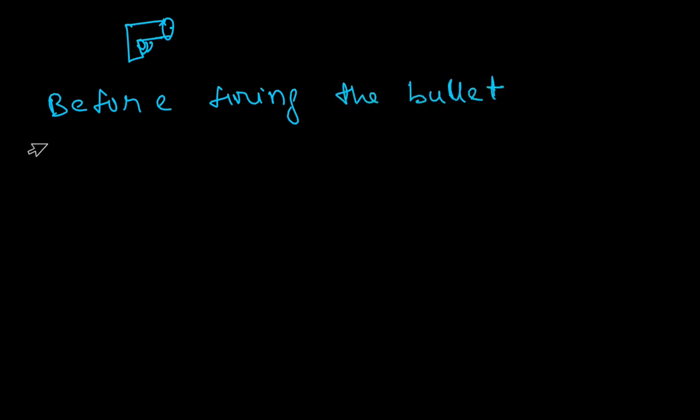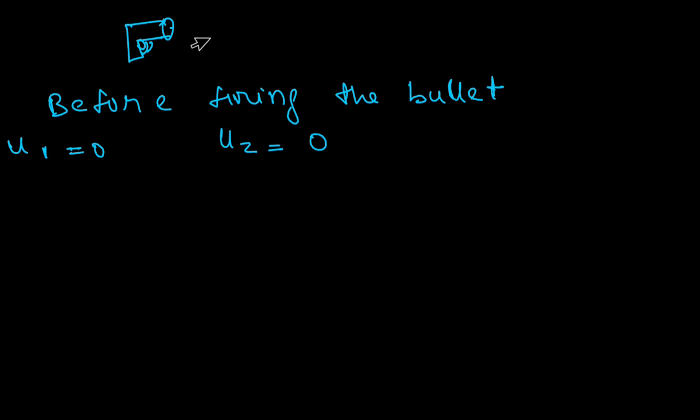So before firing the bullet, the velocity of gun is 0 and velocity of bullet is also 0. Let's say u1 is velocity of gun and u2 is velocity of bullet.